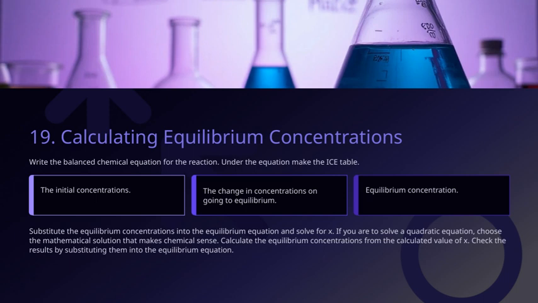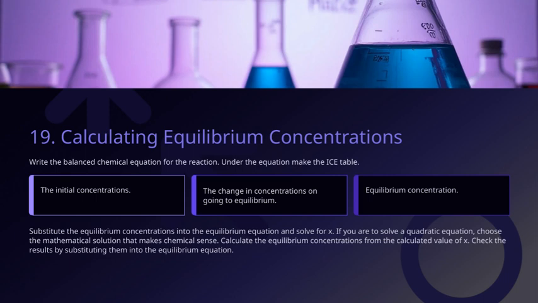It's important to choose the solution that makes chemical sense, usually the one that results in positive concentrations. Once we have the value of x, we can calculate the actual equilibrium concentrations by relating x back to the initial concentrations. To ensure our calculations are accurate, we always check by plugging these equilibrium concentrations back into the equilibrium equation.